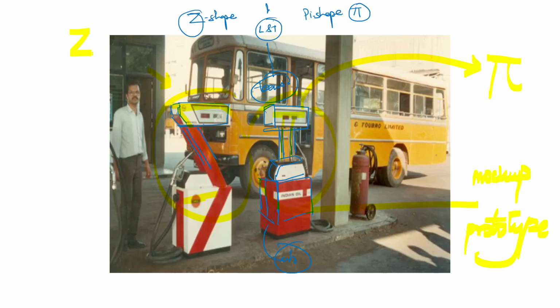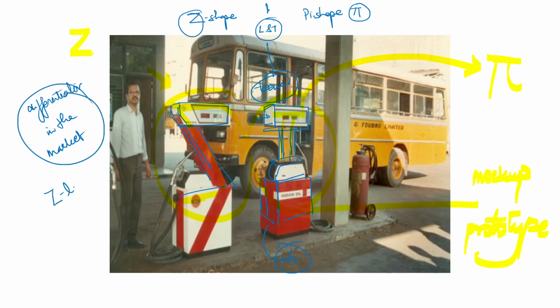All right. So initially the team said that of the two we would prefer this one, but then the board said that we are doing something to stand out in the market, to stand as a differentiator in the market, and that's where Z line pumps can actually have that in it.